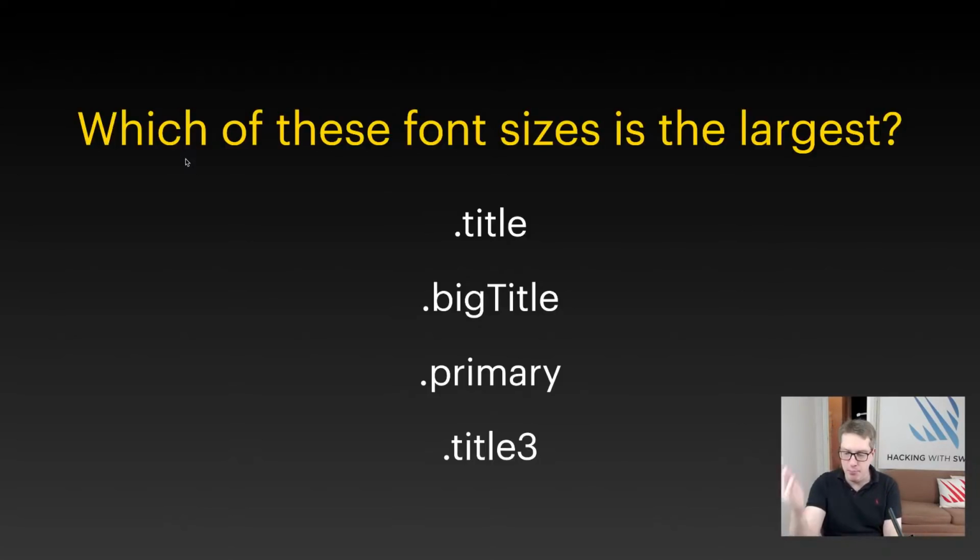If you're watching later on, go ahead and pause the video, have a think, and then answer. I'm in no rush. I'll wait. These folks here can wait, I'm sure. The answer is title. That's the largest one there. Big title I made up. It's actually large title. That would be even bigger, but big title is actually wrong. Primary does not exist. And title 3 is smaller.